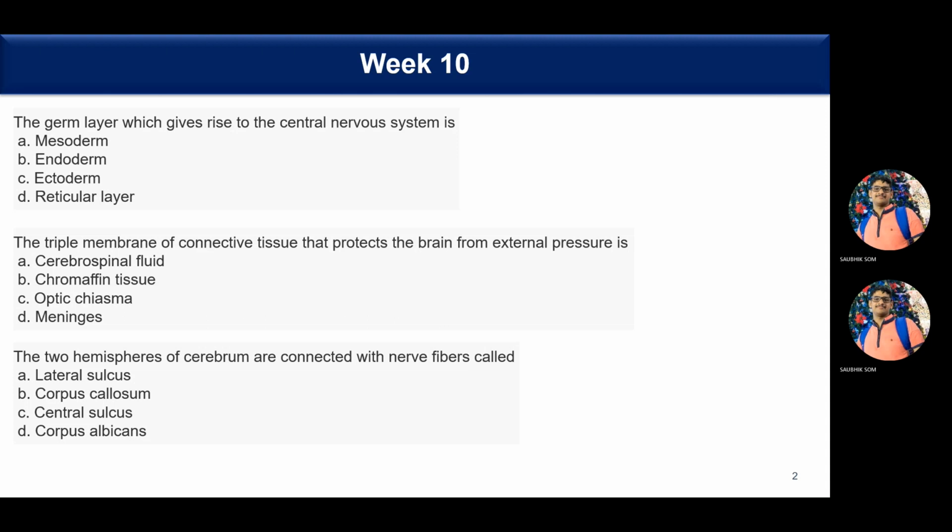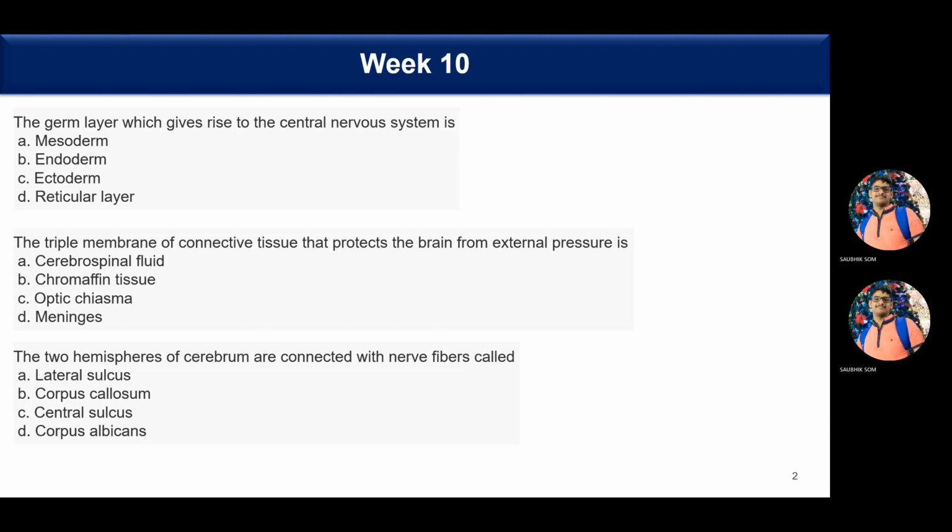The correct answer is the ectoderm layer. The nervous system arises from the ectoderm layer.